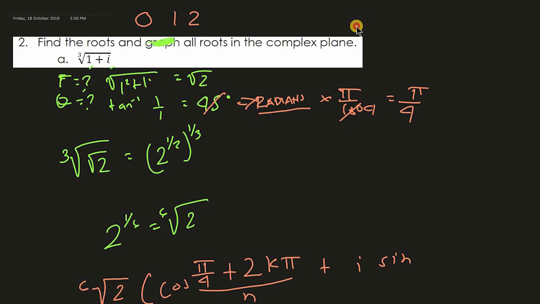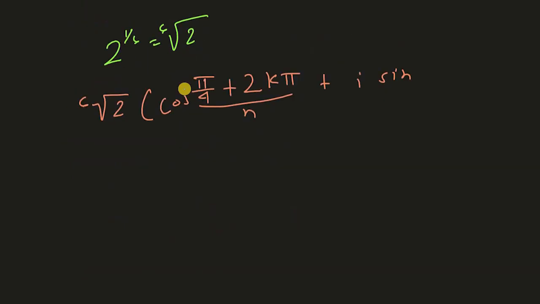For example, raised to 5 yan, ang values ng k natin is 0, 1, 2, 3, 4. That says na maghahanap tayo ng 5 na roots. So that's k is equal to 0, k equals to 1, k equals to 2, k equals to 3, k equals to 4.